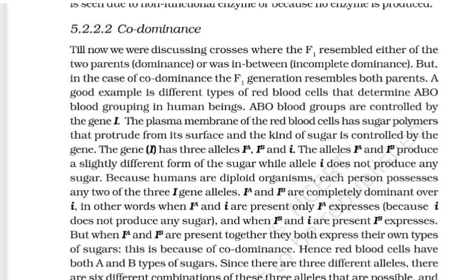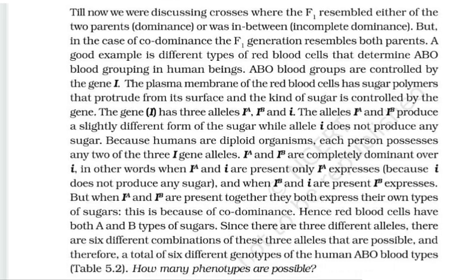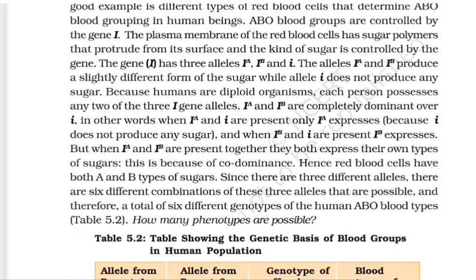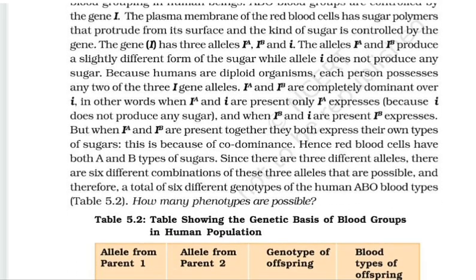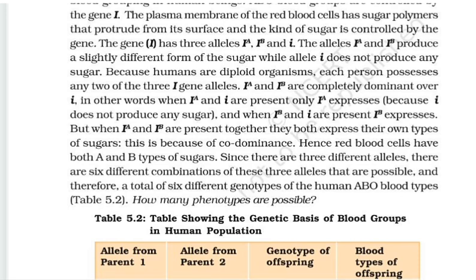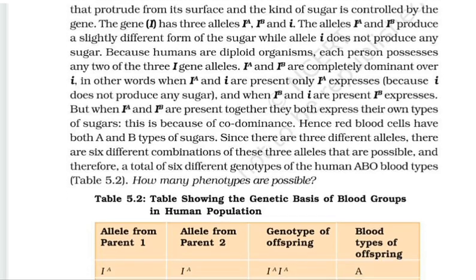Because humans are diploid organisms, each person possesses any two of the three I gene alleles.